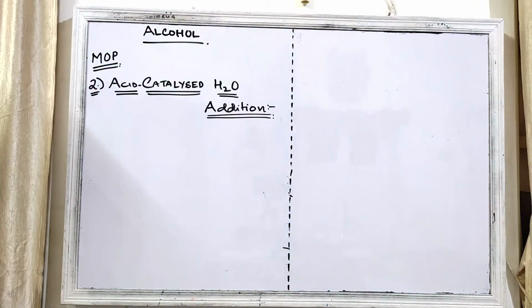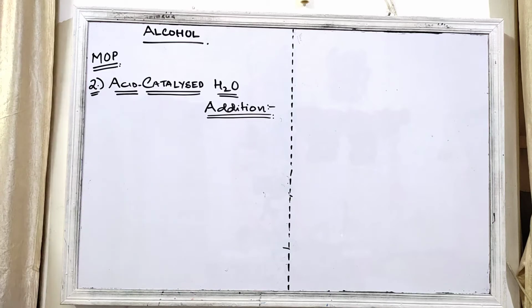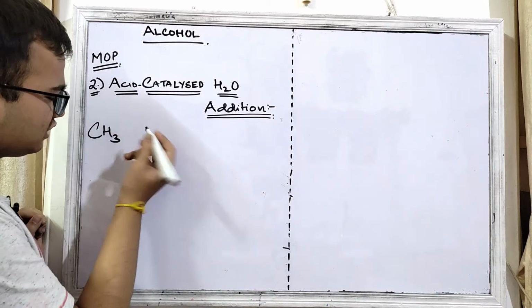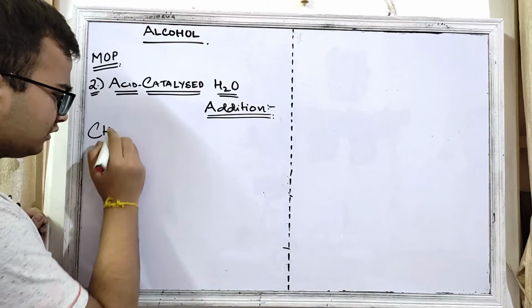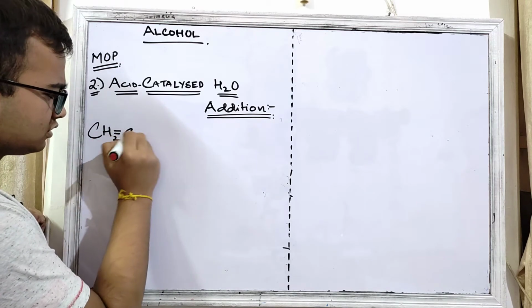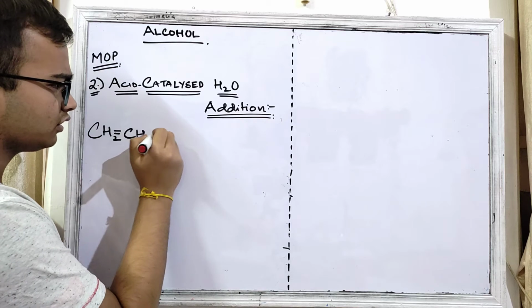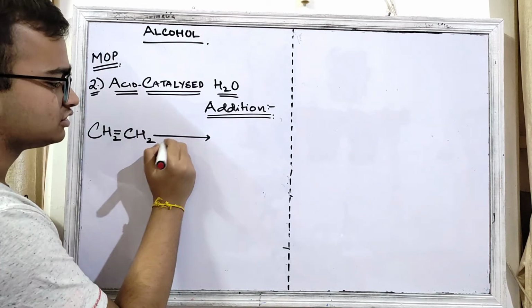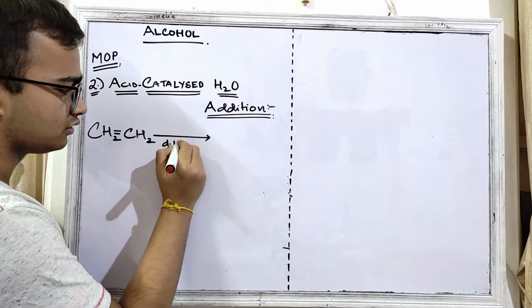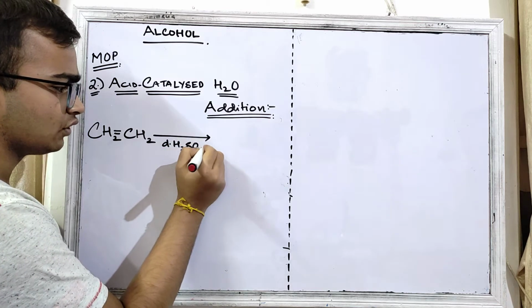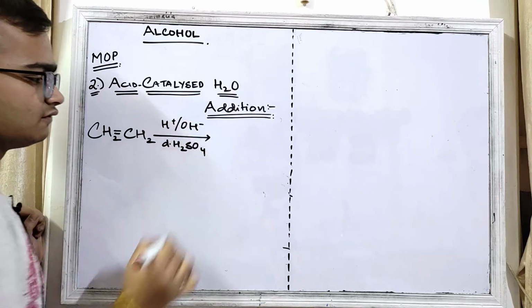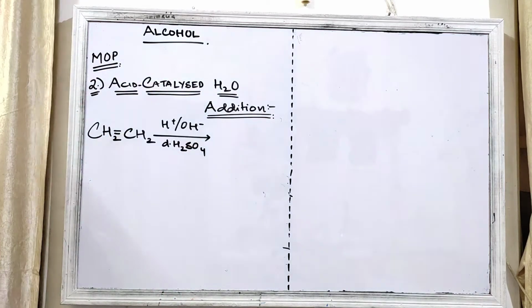So for this, let us take another molecule. Let us take for example ethene for the first case, CH2 double bonded CH2. Now if you take the dilute H2SO4, then H plus and OH minus will be dissociated from the water, right?